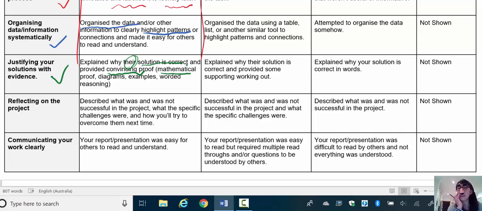You can't say, I think it is like this, or my friend told me it's like this, or my teacher told me it's like this. That doesn't work in an academic report. So you must use mathematical calculation, including diagrams, or maybe examples or word reasoning.